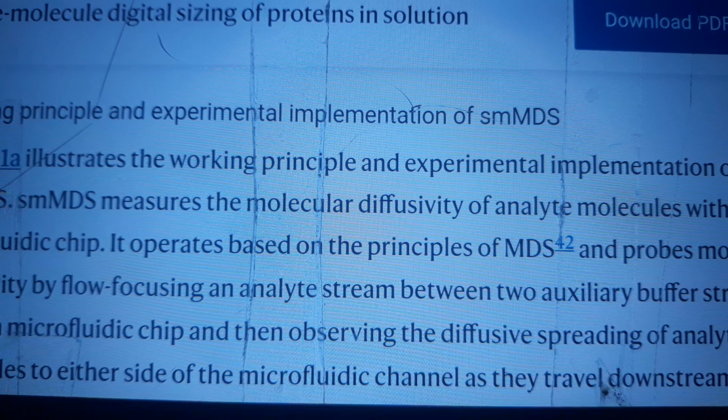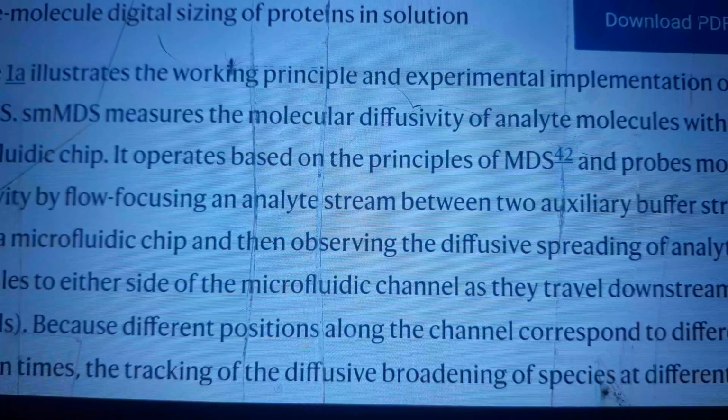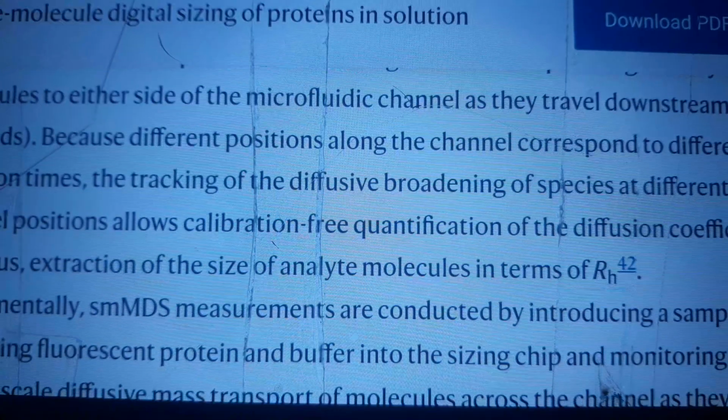Working principle and experimental implementation of SMMDs. Figure 1.8 illustrates the working principle and experimental implementation of SMMDs, which measures the molecular diffusivity of analyte molecules within a microfluidic chip. It operates based on the principles of MDS and probes molecular diffusivity by flow focusing an analyte stream between two auxiliary buffer streams within a microfluidic chip, and then observing the diffusive spreading of analyte molecules to either side of the microfluidic channel as they travel downstream.